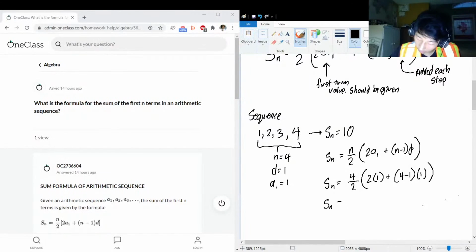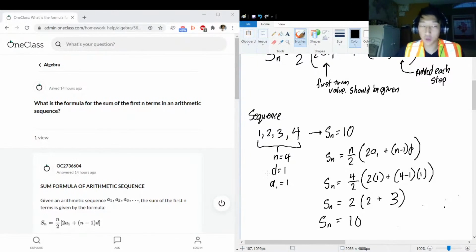Let's do some quick math. 4 divided by 2 is 2. 2 times 1 is 2, plus 4 minus 1, that's 3, and 3 times 1 is 3. Inside the brackets, 2 plus 3 is 5. 5 times 2 is 10, and that's exactly what we would expect.